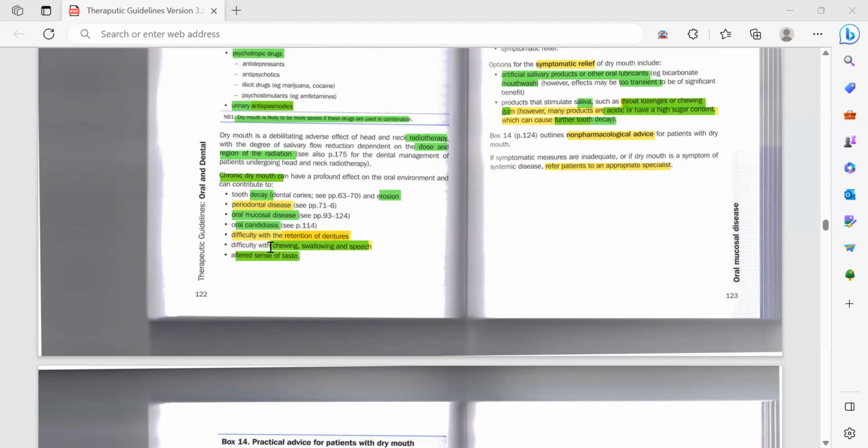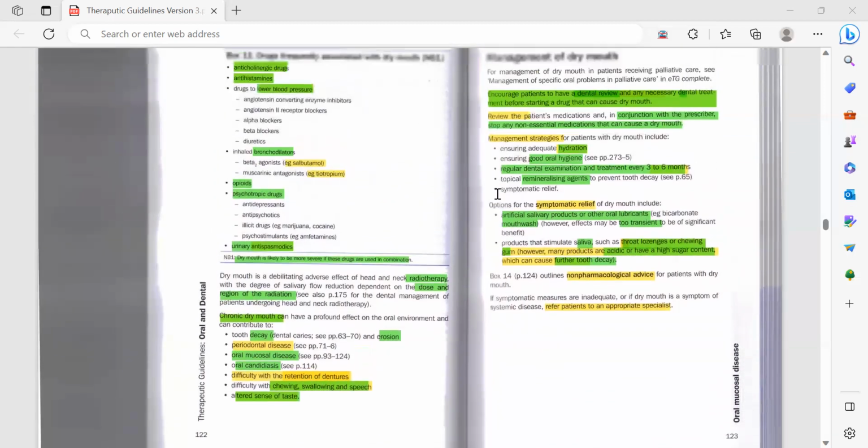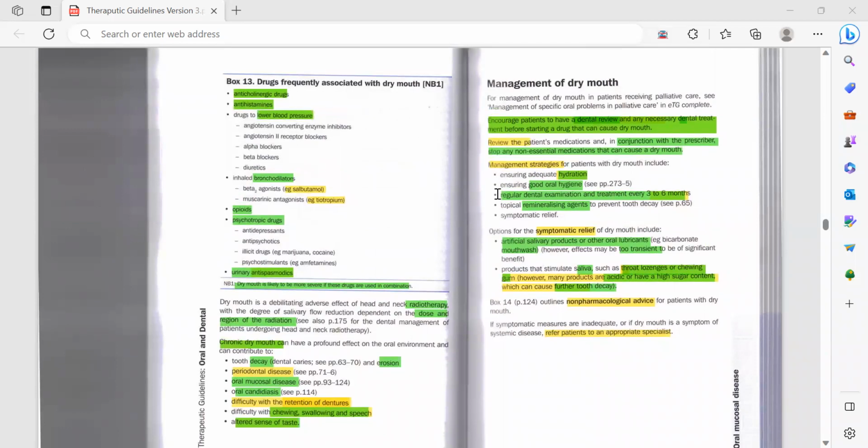Then it causes difficulty with chewing, swallowing, and speech, which could also come under prostho, and the altered sense of taste. So it does affect everything we are using the mouth for. So it is very important that the saliva quantity and quality should be good for good oral hygiene and good maintenance.